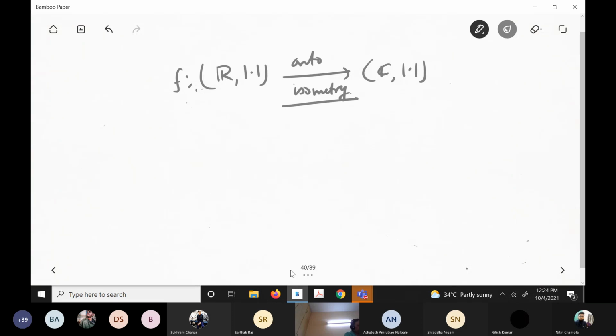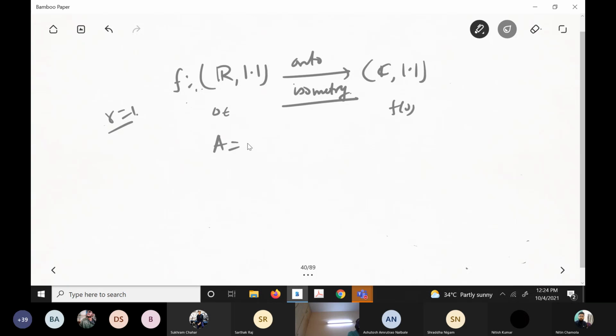Then you can choose r equal to 1, whatever you choose. Then here you can pick up 0, but you do not know where 0 goes.